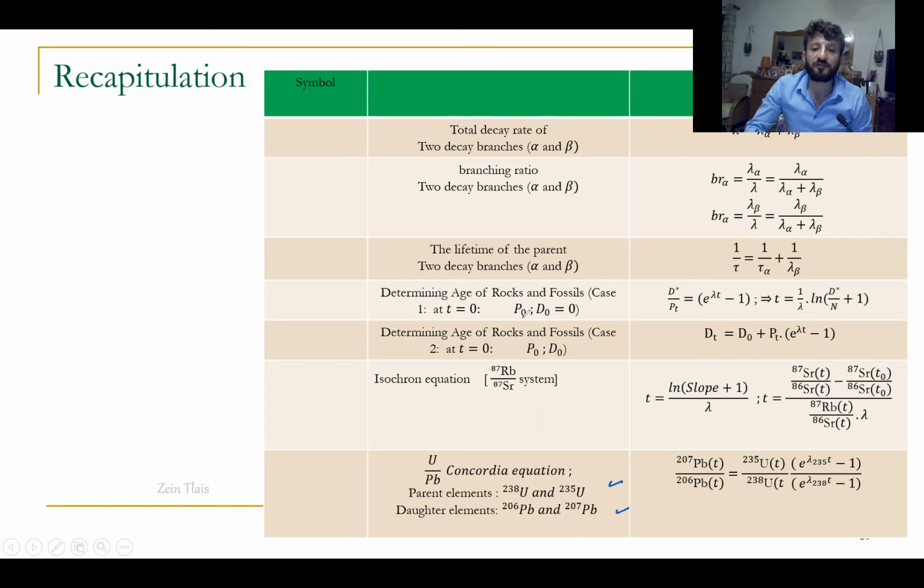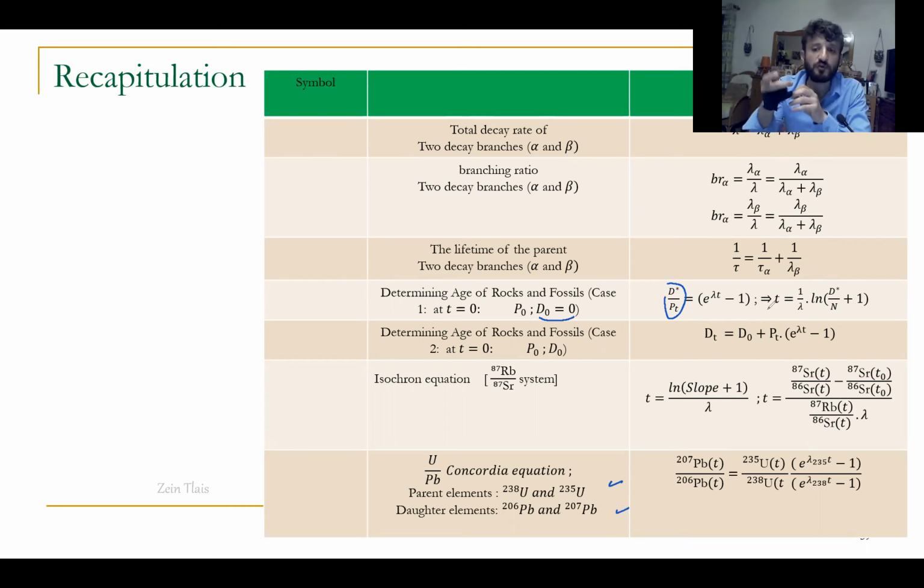In the case of D0 equal to 0 at initial time, we get a relation between the parent and daughter atoms: D divided by P equals exponential lambda T minus 1, and you can find T. In this case, if you have only one parent and one daughter, you can follow these equations directly. You can put the number of daughter and parent atoms directly and calculate the time.